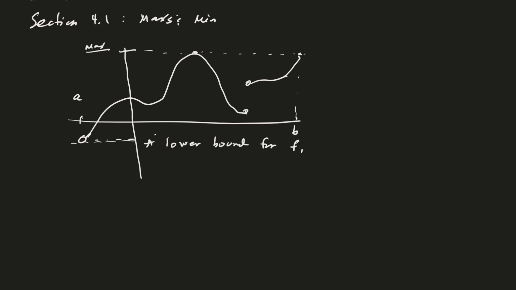But there is no smallest number, but f itself, the range of f has no smallest number, right? And so what you can think of is the function has a lower bound, but it does not attain its minimum, right? So it does not attain its minimum value. And so in this case, even though the function is bounded, it does not have a lowest number.